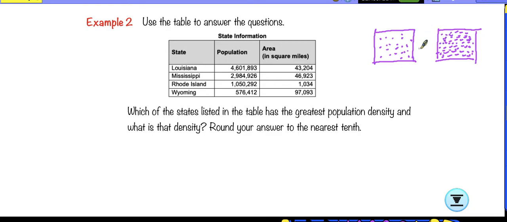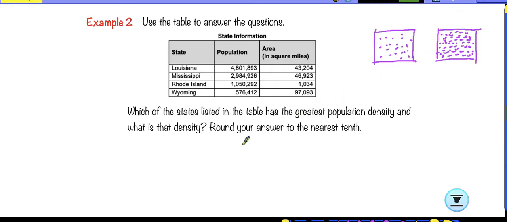Also, let's think about two countries, Canada and India. We know the population density of India is higher than Canada. So that's a general idea for you to understand population density.